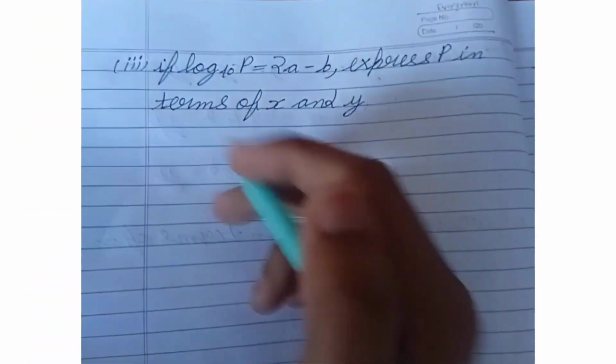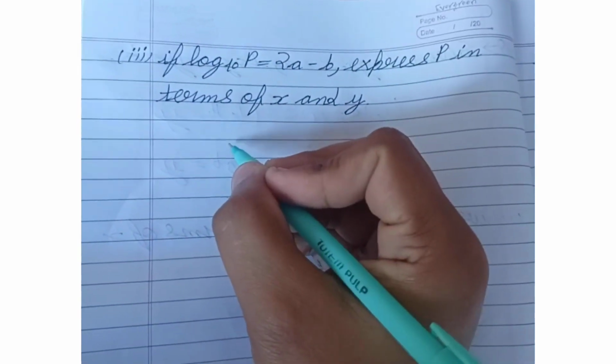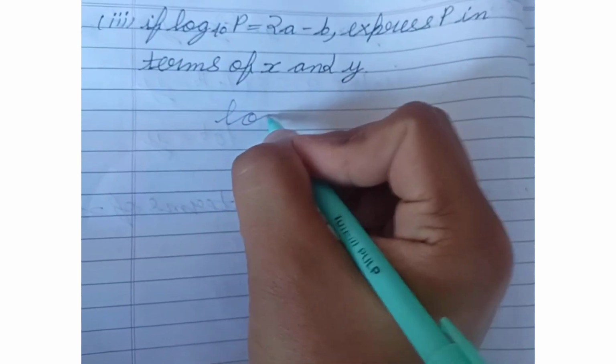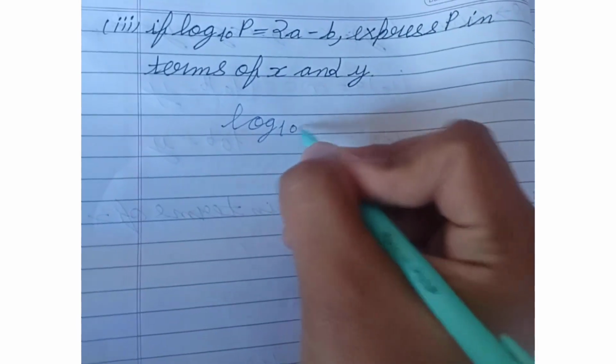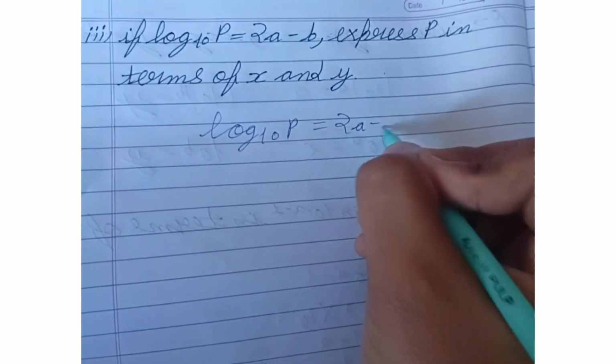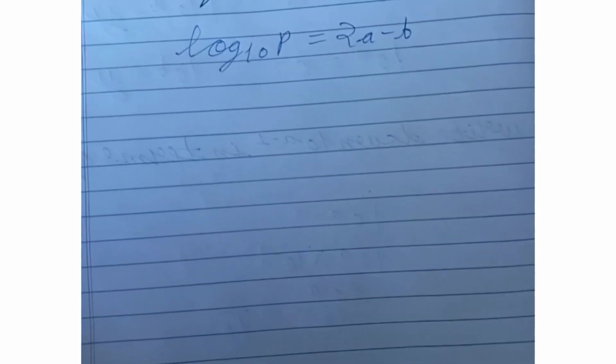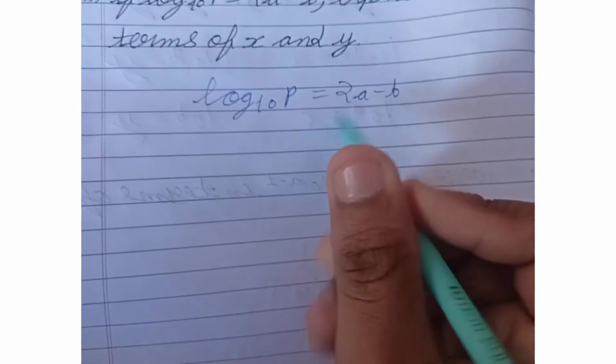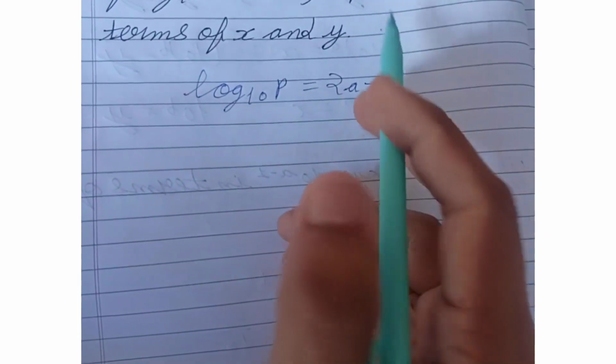Now the third part of this question is also there. Here it is written like this, log tan p is equal to 2a minus b. So first we have to convert this into exponential form, then only we can find this value.